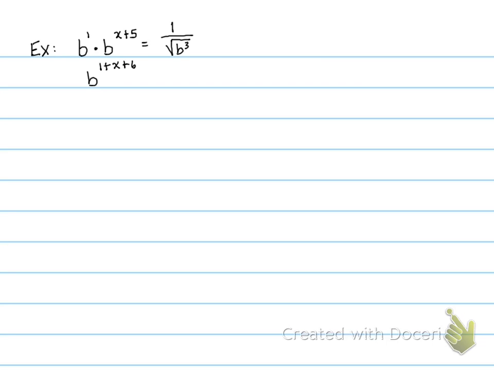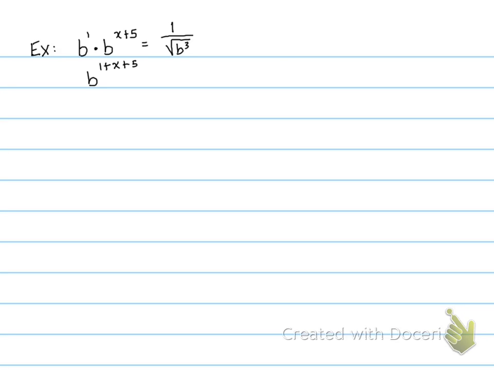And then on the right side, I'm going to work with just the denominator first, and then once I have the denominator written as b to some power, then I'll change the sign to flip it.